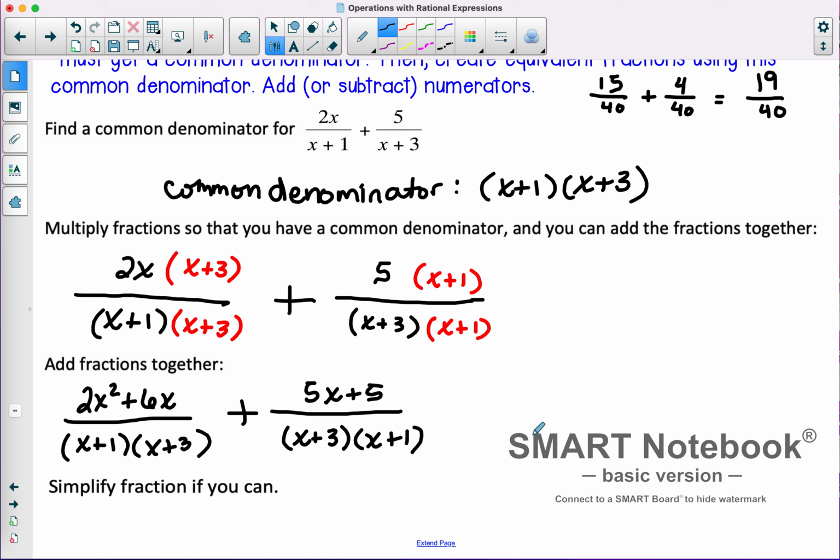Since both of those fractions have the same denominator, we can add the numerators together, and this would end up giving me 2x squared plus 11x plus 5 over our denominator x plus 1 times x plus 3.